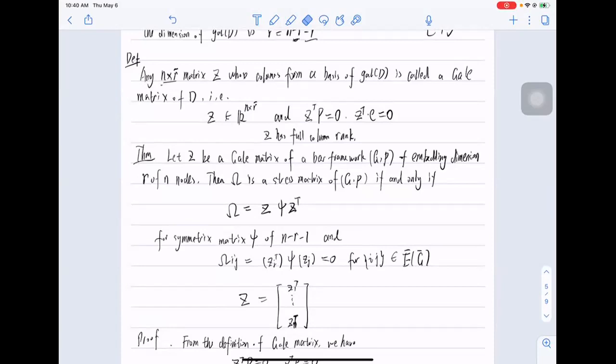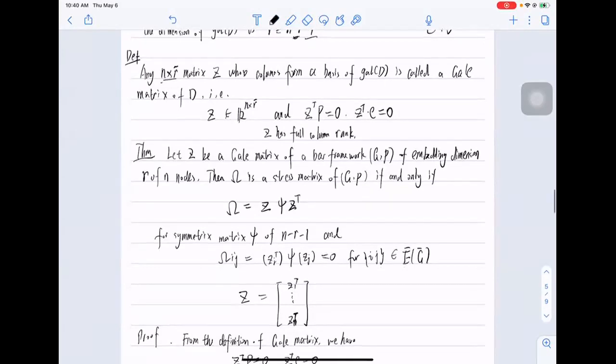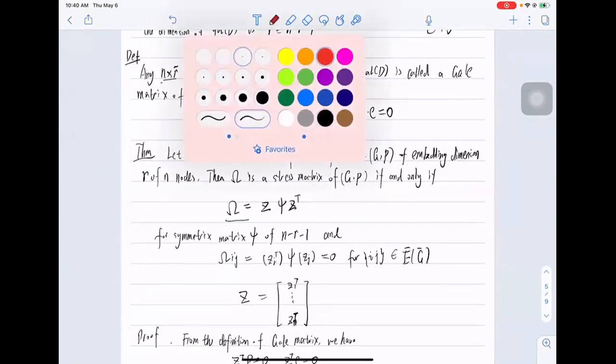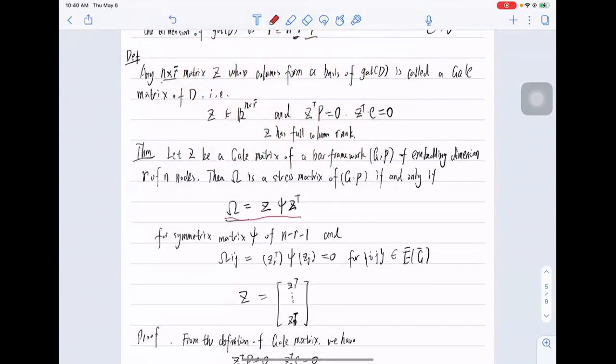Then omega is a stress matrix of the framework if and only if omega can be expressed in terms of the Gale matrix: omega is equal to Z times phi times Z transpose.